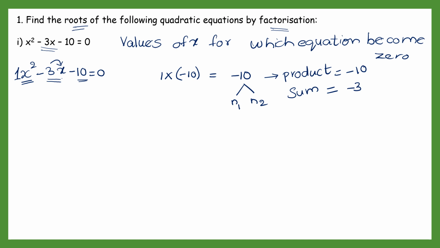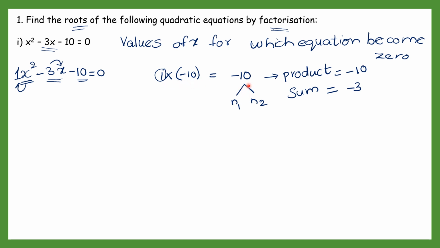So in the splitting the middle term method, you don't split the term directly. This minus 3x, it's difficult to split it directly and solve. How do you solve it? Take the coefficient of x square, which is 1, and the constant term, which is minus 10. 1 into minus 10 is minus 10. If you multiply those two, you will get minus 10.